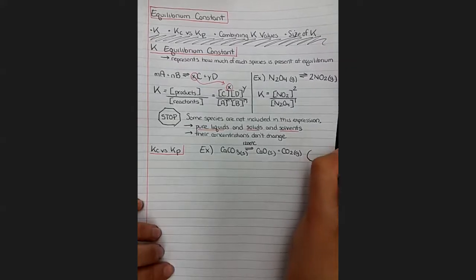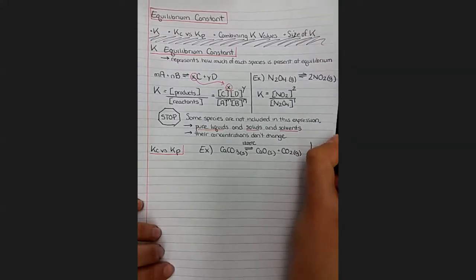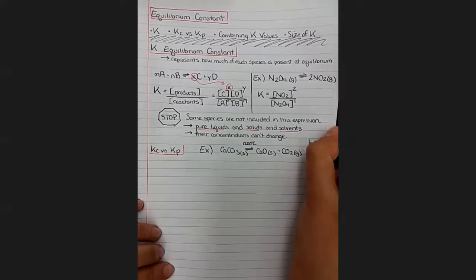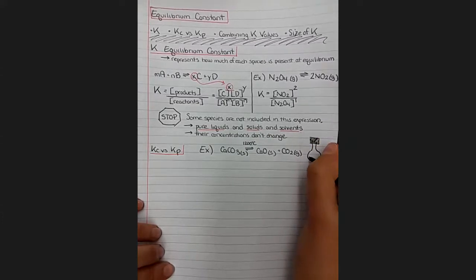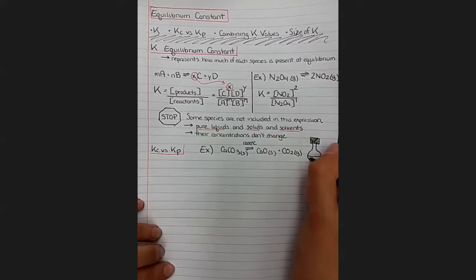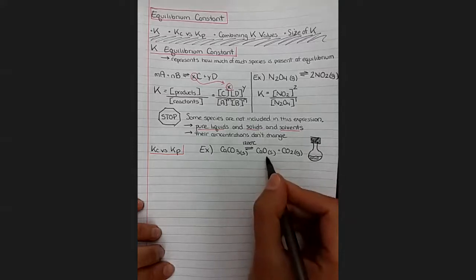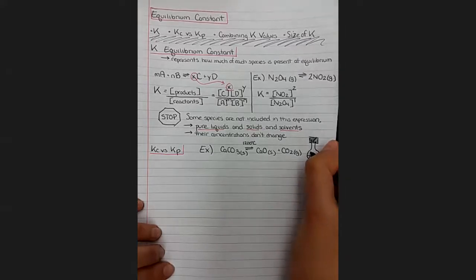So what happens is when we have some of that calcium carbonate at 1200 degrees in a sealed container, if we heat it, we can take some of the solid at the bottom of the container and we can break it down into a different kind of a solid and a few molecules of gas.